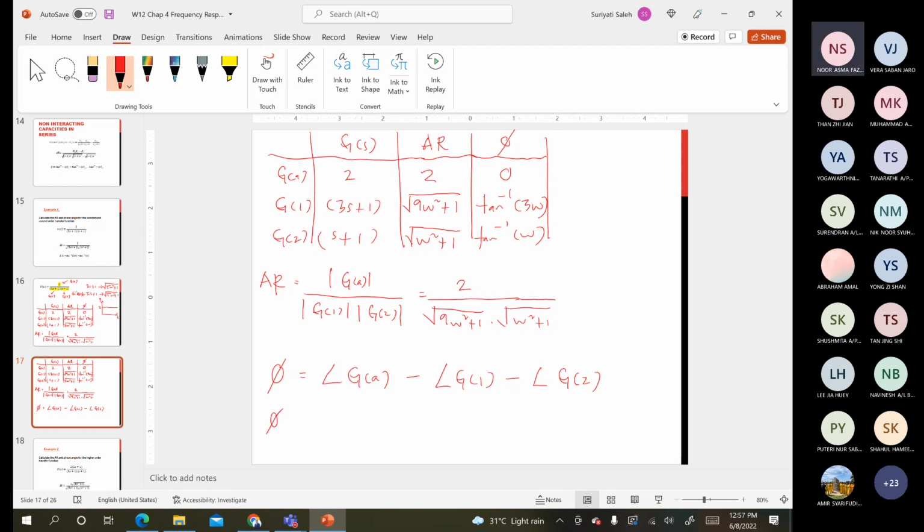So for this part, the angle of GA is 0, minus the angle of G1, which is inverse tangent 3w, minus inverse tangent w. So this is your phase angle for the given problem, where you have the amplitude ratio and the phase angle.